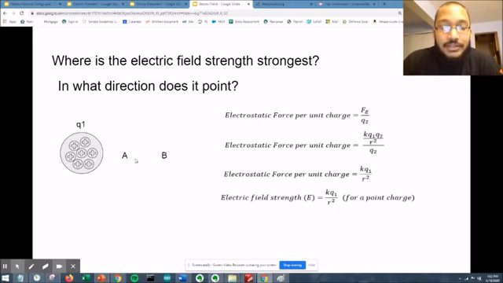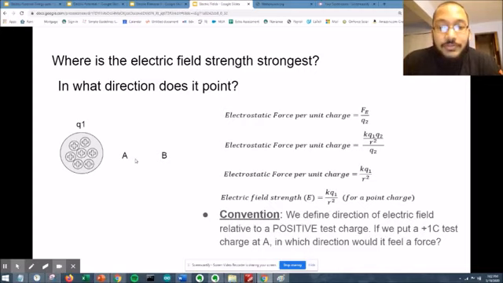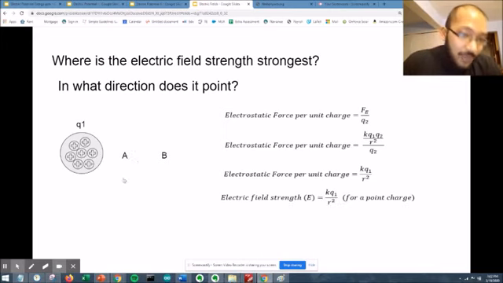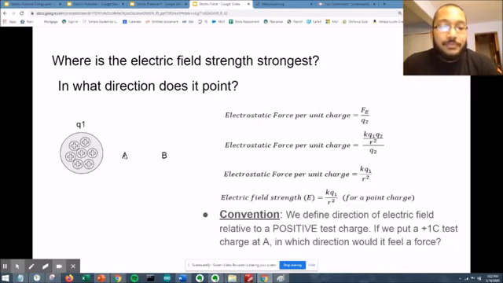Opposite charges attract. So what do? I go with convention and define the direction of the electric field relative to what a positive test charge would experience. Just keep in mind, there is no positive test charge here. I just need to imagine if a positive test charge was there to define the strength of the electric field at that point.